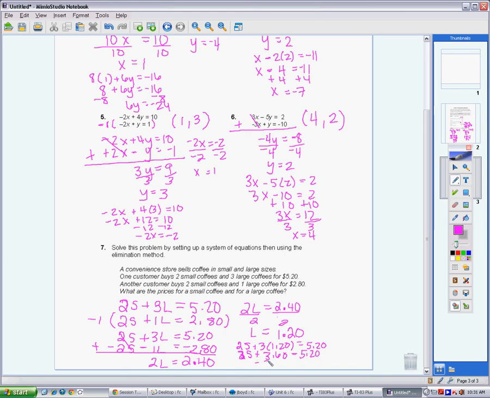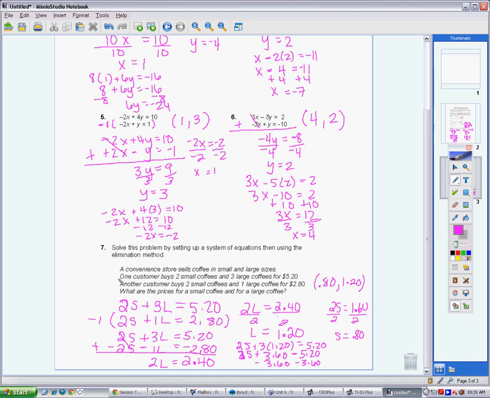And then I'm going to subtract $3.60 from both sides. And I get 2 smalls are equal to $1.60 and divide by 2. And my small is equal to 80 cents. So my solution is going to be 80 cents for the small and $1.20 for the large.